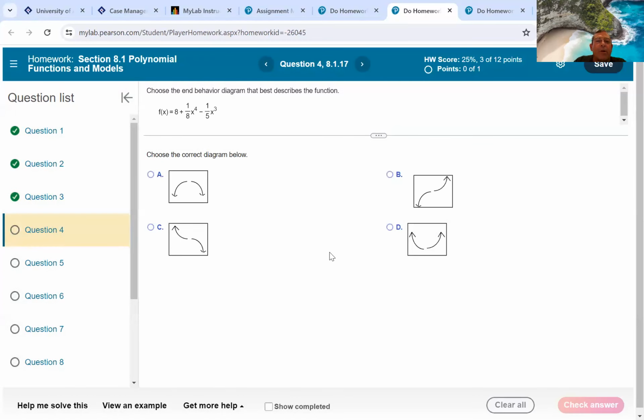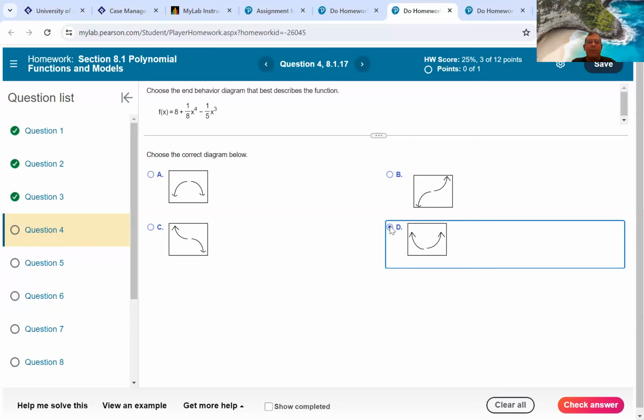All right, y'all, one more of those. 8 plus 1/8 x to the 4th minus 1/5 x to the 3rd. So let's see what y'all get up here. I got my chats rolling. So D, let me see. So D is even and positive. Good job, y'all. Even degree with the 4. 1/8 is positive.